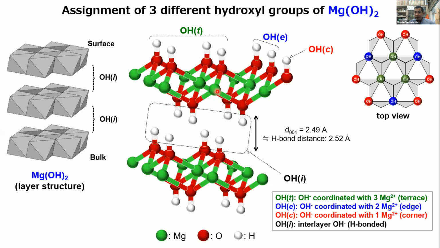And when we focus on the surface, this OH-C, C means corner, interacts with 1 Mg2+ cation. OH-E, E means edge, interacts with 2 cations. And OH-T, T means terrace, interacts with 3 cations.